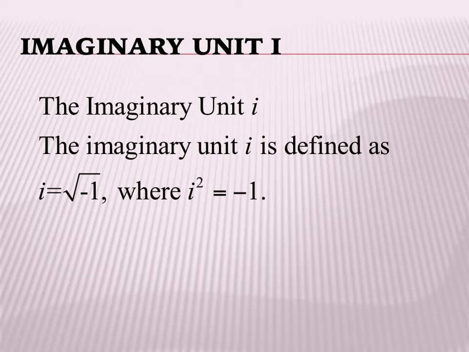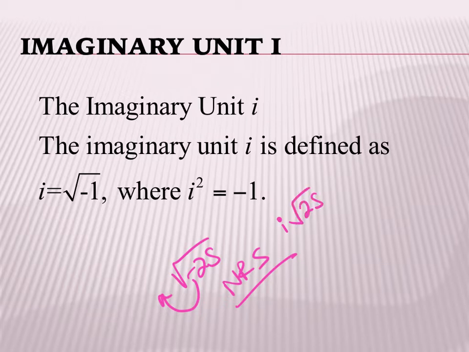Up to this point, if I had given you something like the square root of -25, you would have told me there's no real solution there. Now we're saying there's still no real solution, but let's invent this i that allows us to take that negative out. The i coming out makes it i times the square root of 25, and the square root of 25 is 5. So this is 5i.